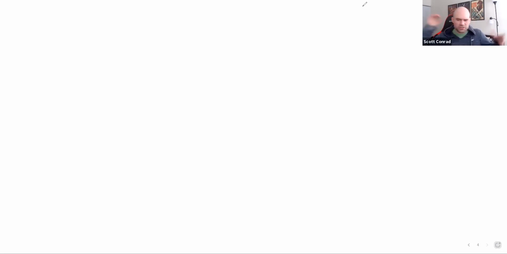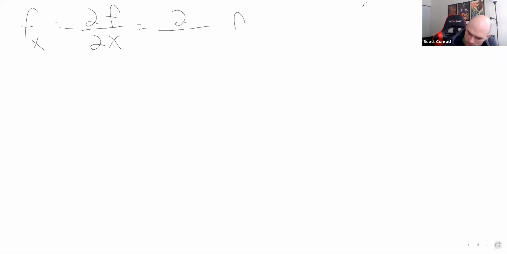Okay, so just a bit of notation. The partial with respect to x, you might see as fancy df, fancy dx. Or you might see it as, so suppose we have f of x y, and we want to take the partial of it. We could write ddx of f of x y.